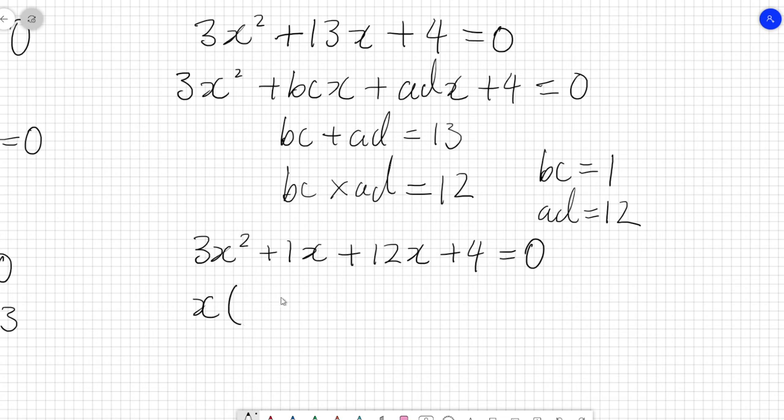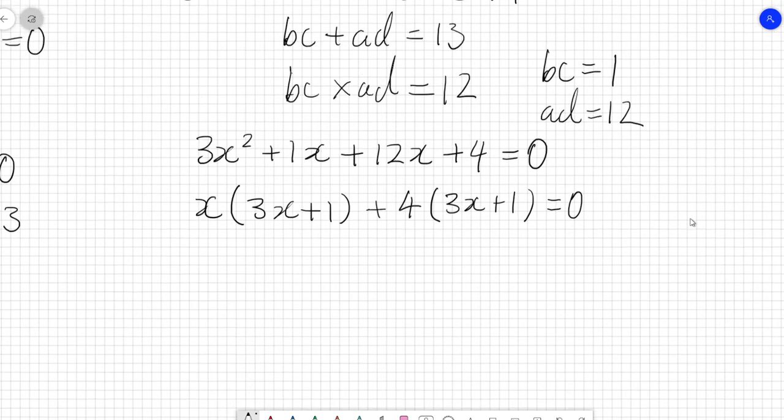It's x, so it's x times (3x plus 1) plus 4 times (3x plus 1) equals 0. And of course, we can now factor out 3x plus 1. So we have (x plus 4) times (3x plus 1) equals 0.